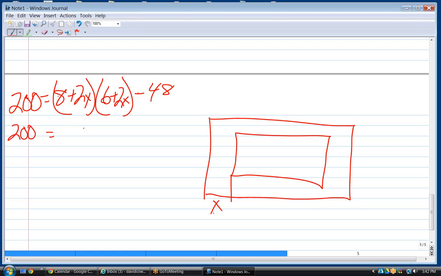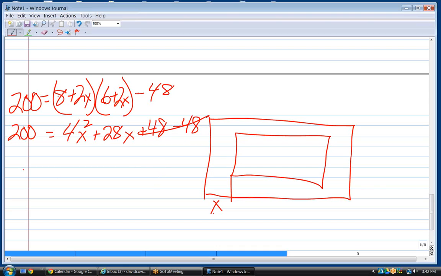Okay. So if you multiply those two together, you get 4x squared plus 28x plus 48 minus 48. So then the 48 would cancel out.